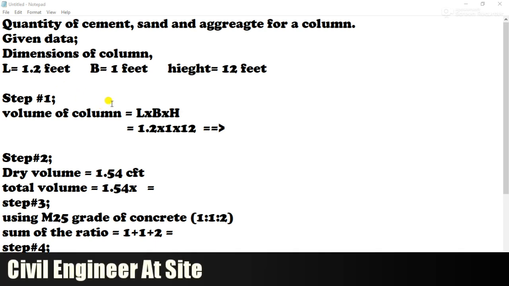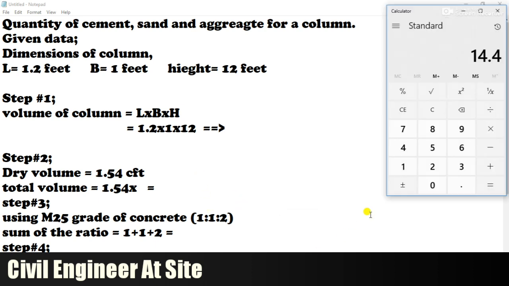For that, the mathematical formula of volume is length multiplied by breadth multiplied by height, and here are the values of length, breadth and height: 1.2 multiplied by 1 multiplied by 12. To find the volume of the column we will use a calculator. 1.2 multiplied by 1 multiplied by 12 is equal to 14.4.